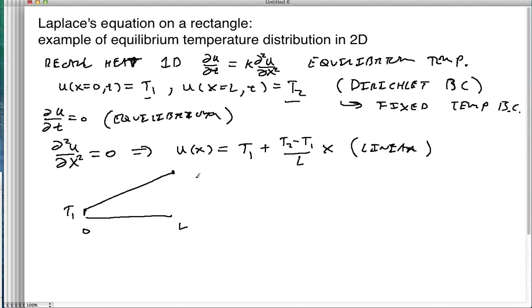So here it's T1 and there it's T2, whatever these values are, and you have some linear U, the temperature over the course of this 1D interval, which represents some steel rod maybe conducting heat. So that's nice.